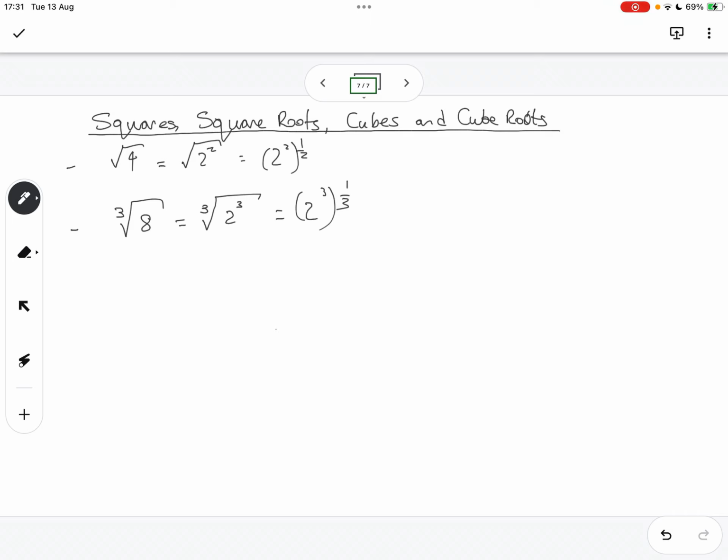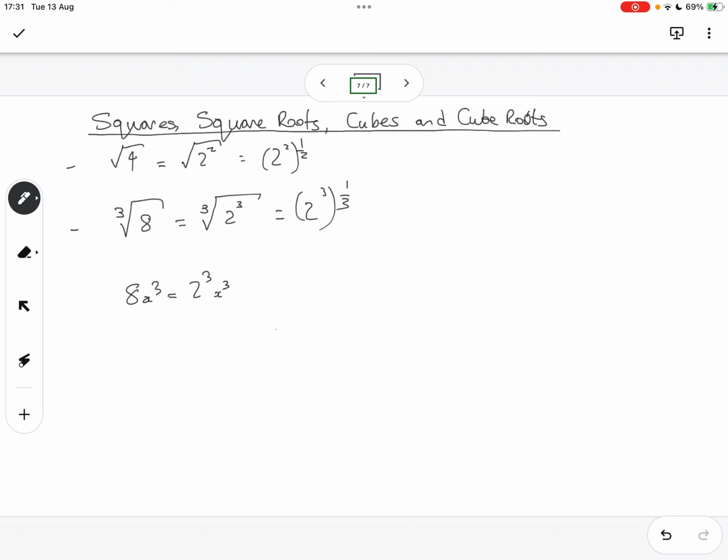So that's what they're explaining there. Remember to write the bases as powers of prime factors when simplifying expressions. For example, 8x cubed would be 2 cubed times x cubed.